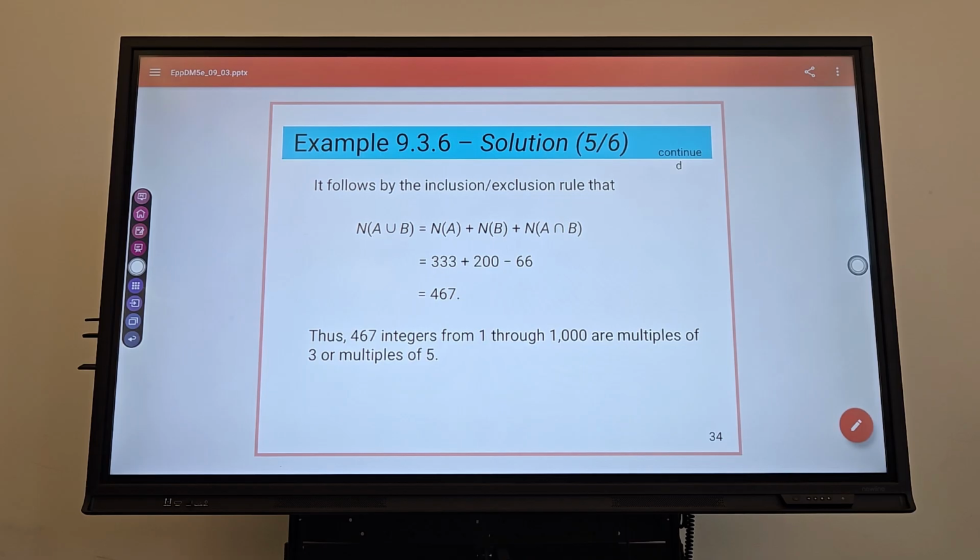Thus, 467 integers from 1 through 1000 are multiples of 3 or 5.